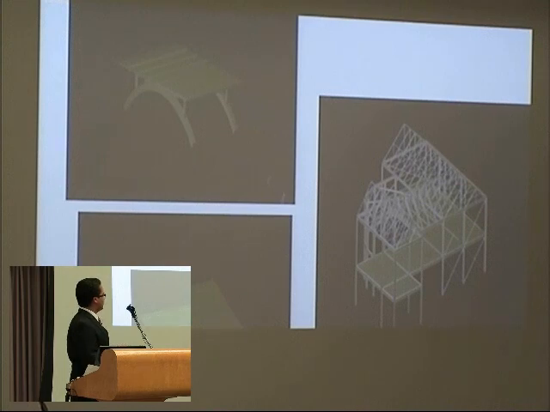Finally, to make sure that everything was okay, we also came up with our own spreadsheet that checked the capacity of all of our steel members. And this is just to make sure, for quality assurance purposes, that all of our designs were actually safe.